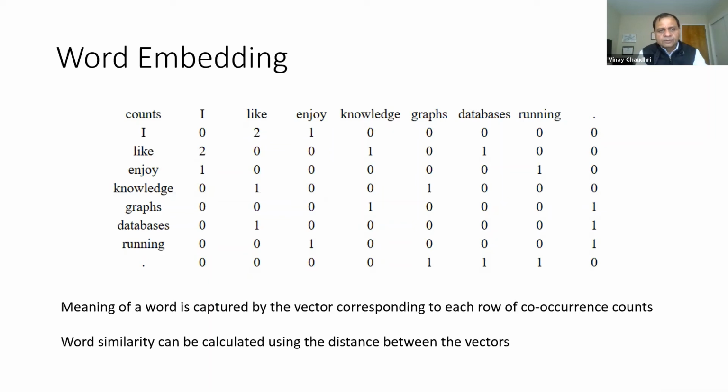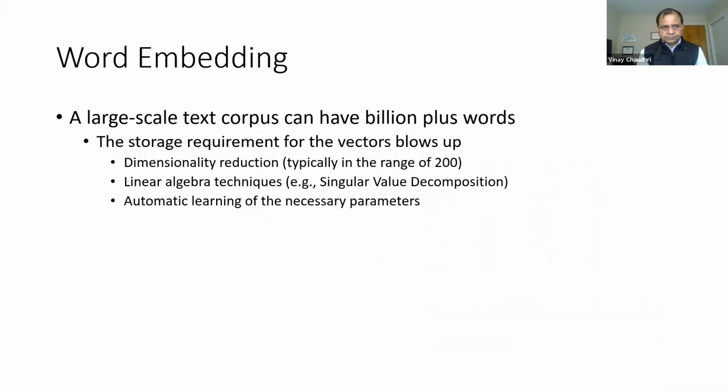So in this case, if you wanted to see if like and enjoy are similar to each other, we would see what's the distance between the 2. Now, the key insight here is that we have taken our words, which are symbols, and we have turned them into numbers. And now we have the numbers which we can feed into our learning algorithms.